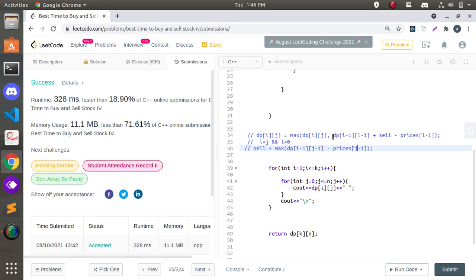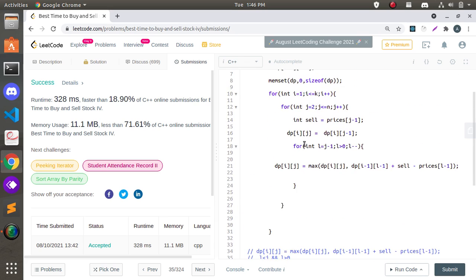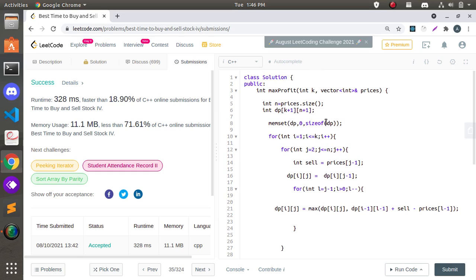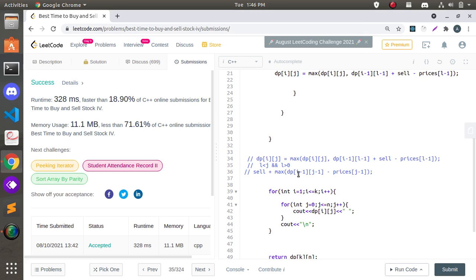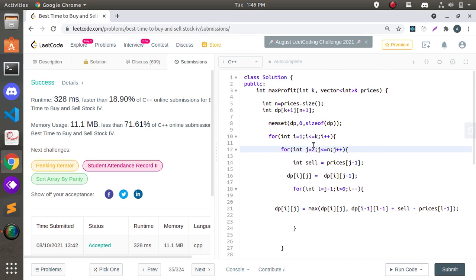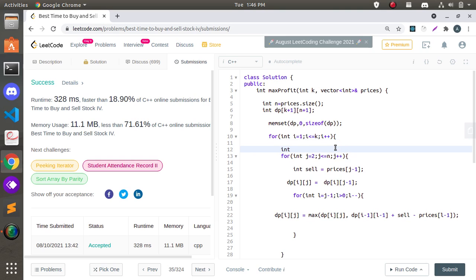So let's try to implement that part. That part will remain the same, this part will remain the same. Here we can use the previous transaction, so let's declare the trade difference equal to minimum, right?